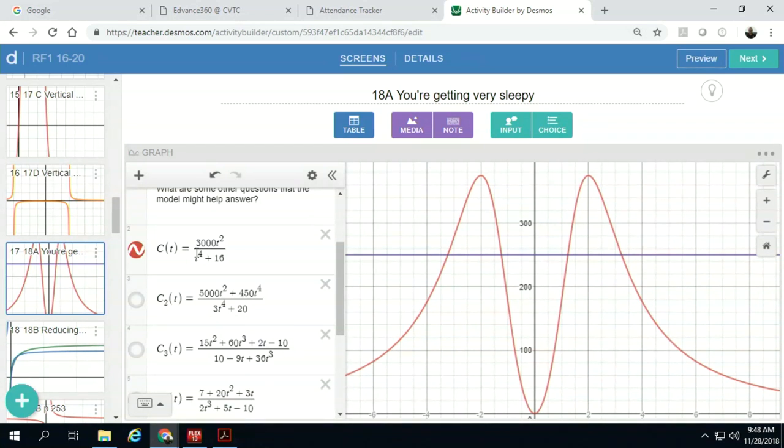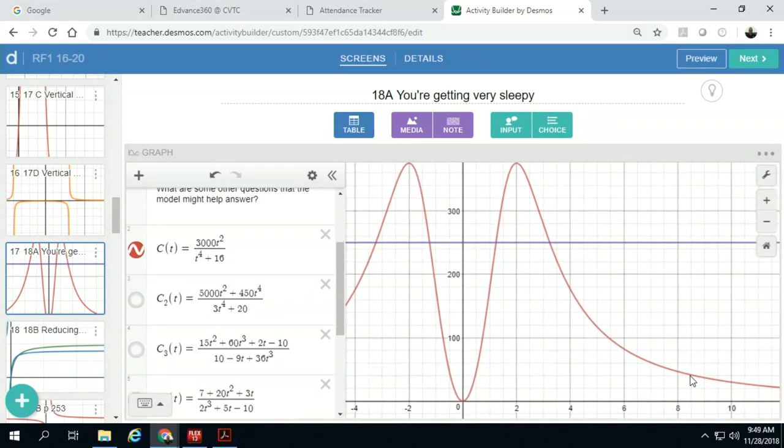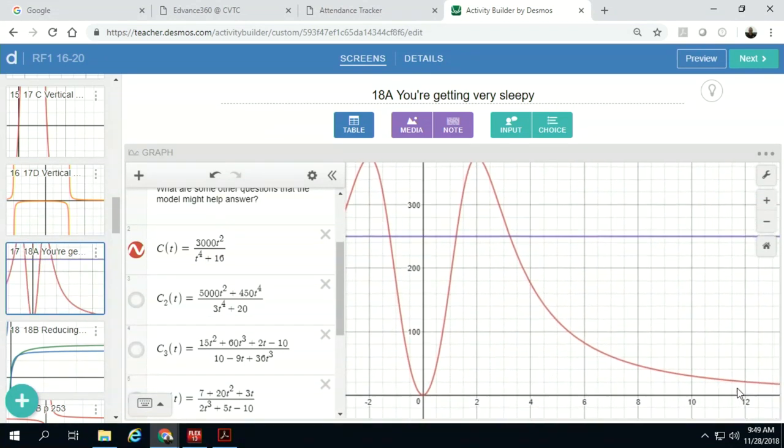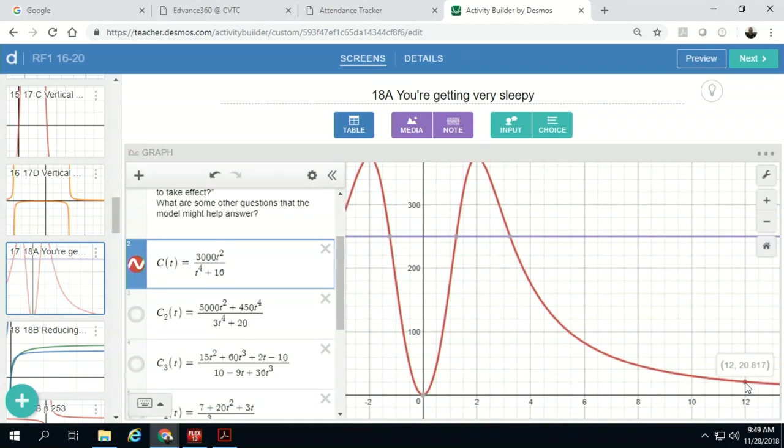Then it says it is not safe for a patient to drive until the drug concentration falls below 20. Well, you look here, it's 20 at a long time out here. At about 12 hours, it's still above 20. A little bit after 12 hours, it falls below 20, right?